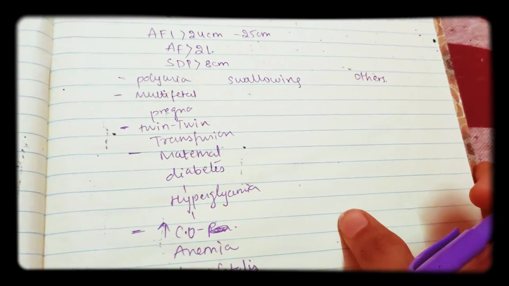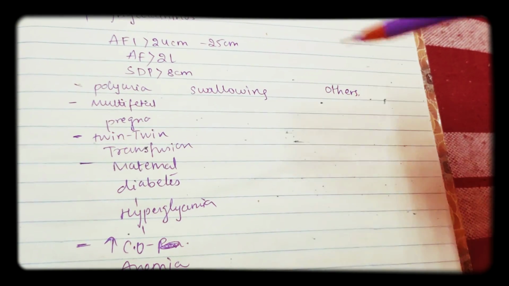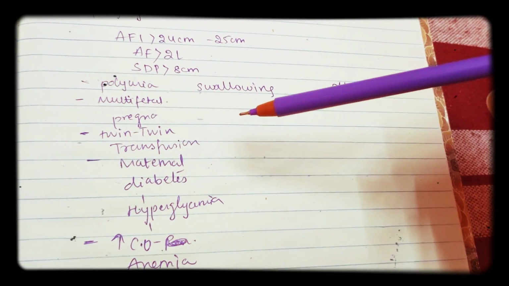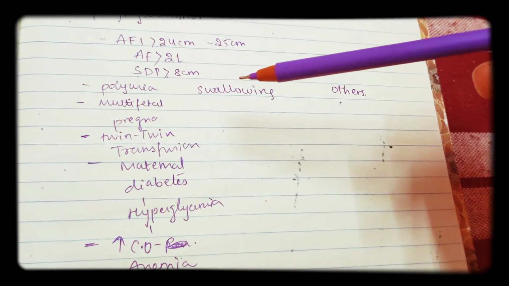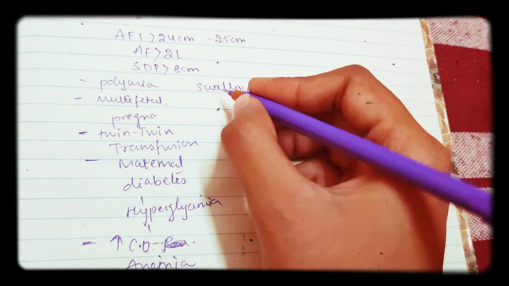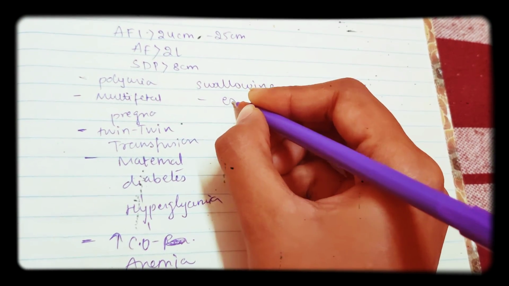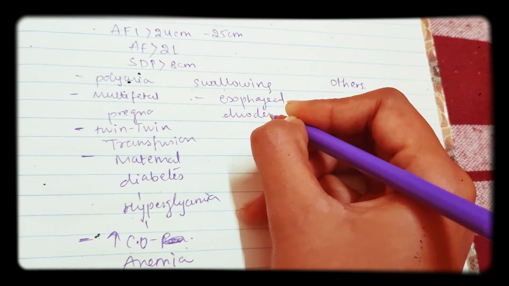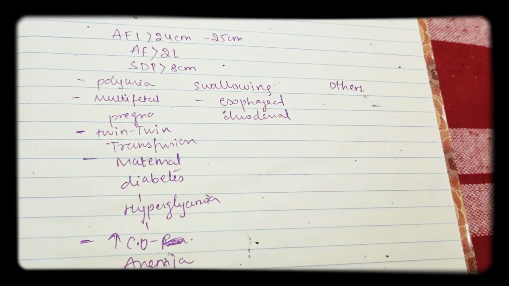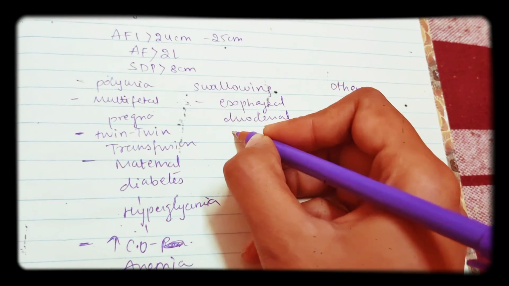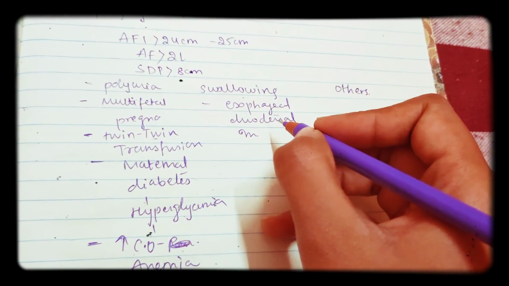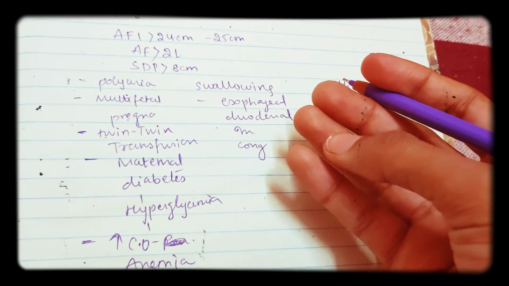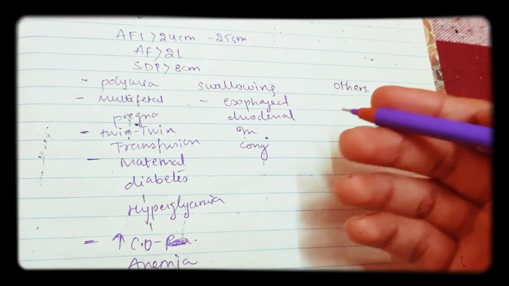Now the swallowing problem. Polyuria means a lot of amniotic fluid is produced, but it is not swallowed back by the fetus. As the fetus is not swallowing, there is polyhydramnios. You can see swallowing problems in esophageal atresia, or also in duodenal atresia. As they are blocked, the swallowing problem is there. Also intestinal obstruction, and congenital diaphragmatic hernia, where the stomach contents come out, so there is a swallowing problem.